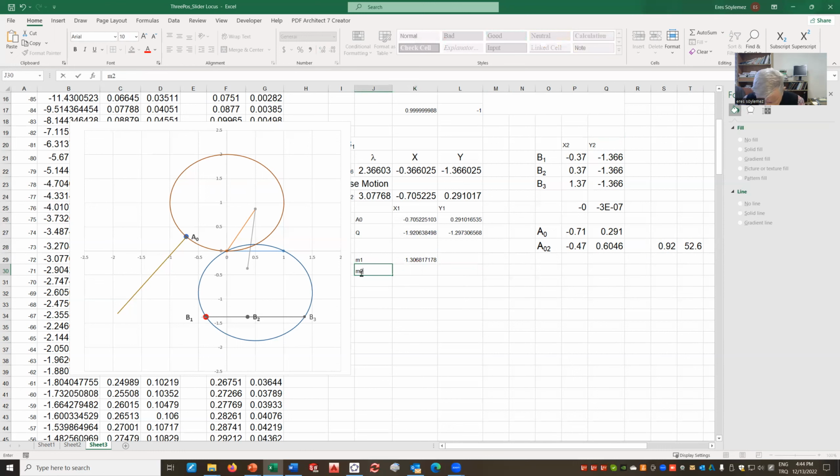M2 is tangent of this angle plus pi over 2. If this is correct, the product of M1 and M2, if those two lines are perpendicular, should be equal to minus 1.